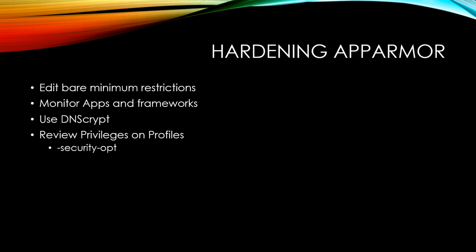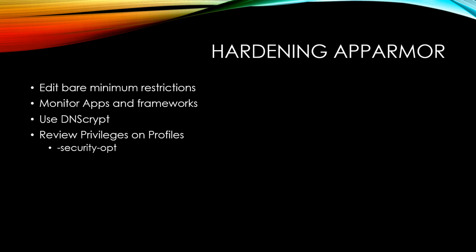Another tip is to monitor the apps and the frameworks that are under the AppArmor application. And by doing this, the user can ensure that the right policies are being implemented and your system is secure. It also helps keep AppArmor from hindering regular operations for these apps that AppArmor is being used to secure.